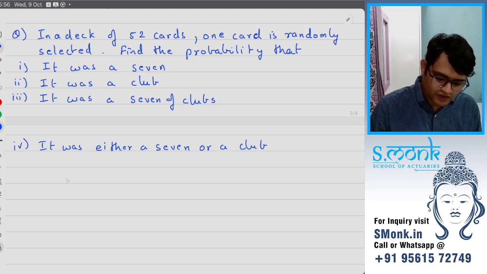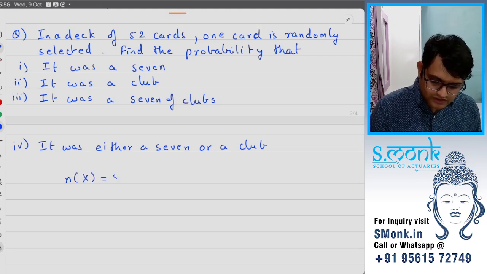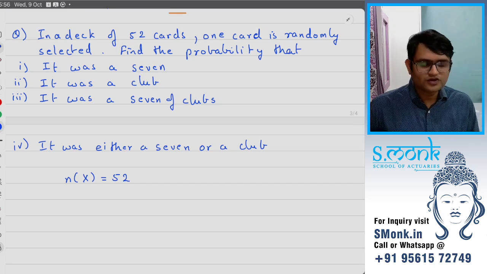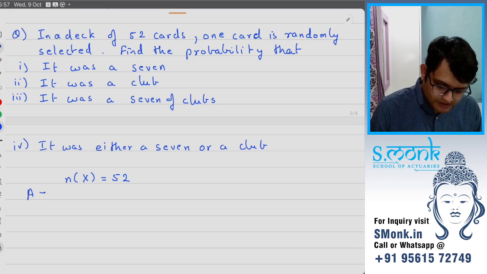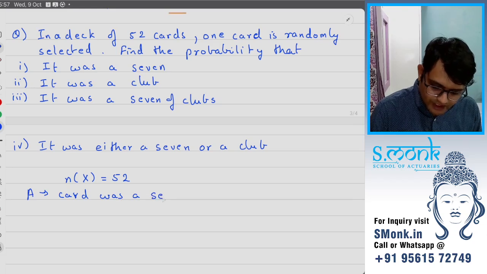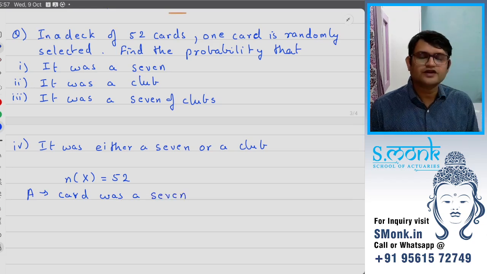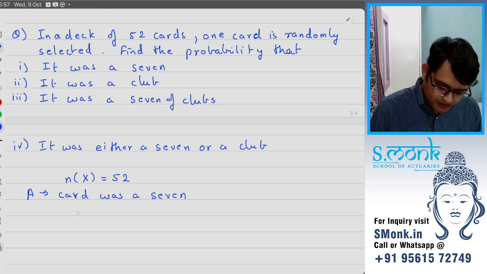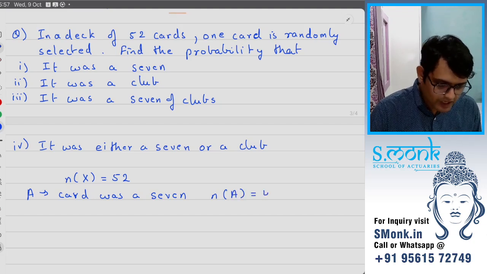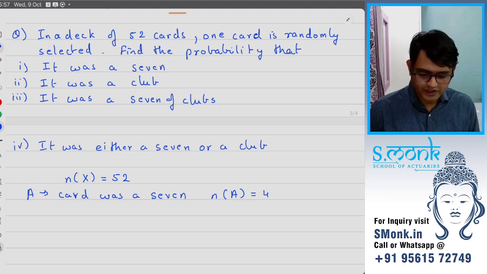Anyone? So we'll say in our universal set there are 52 cards. If I assume that A is nothing but the card was a 7, this is the event. The selected card was a 7. Then the number of cards that are 7 is 4.